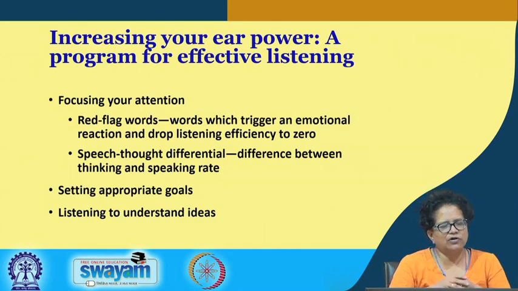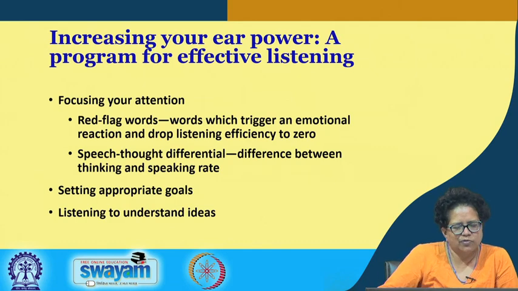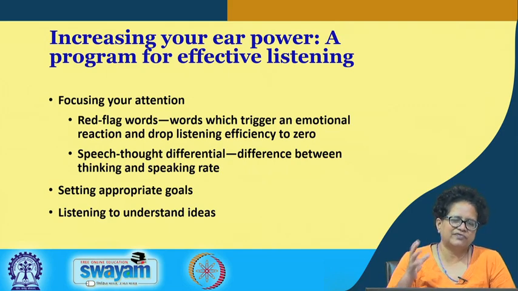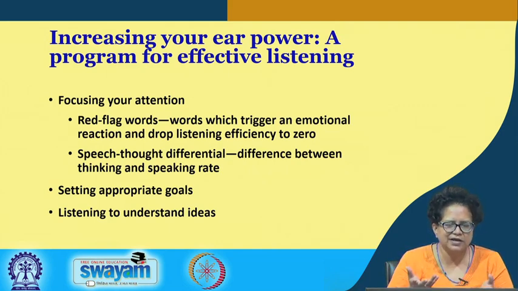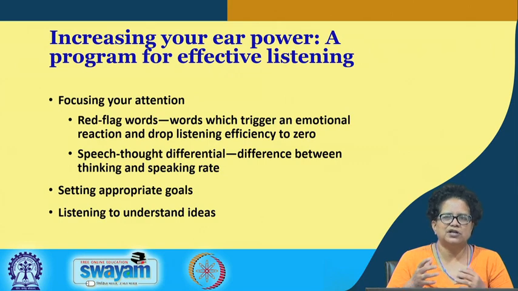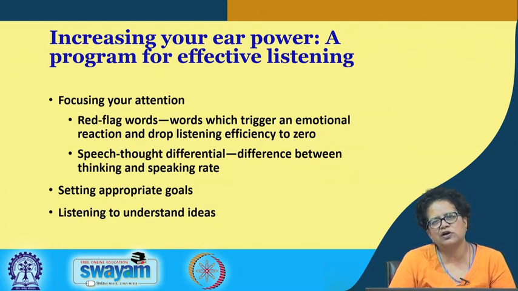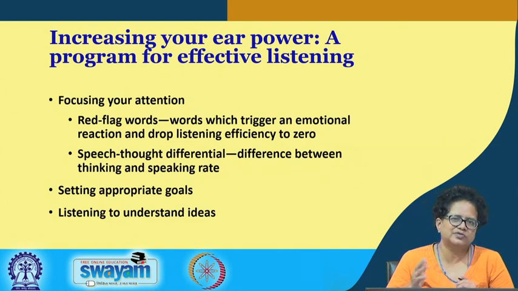On the other hand, we have another definition and an important concept to be mentioned, speech thought differential. This is the difference between the number of words you can speak and the number of words you can think critically about in a minute. Let us say research says that a native speaker of English can speak 500 words per minute.